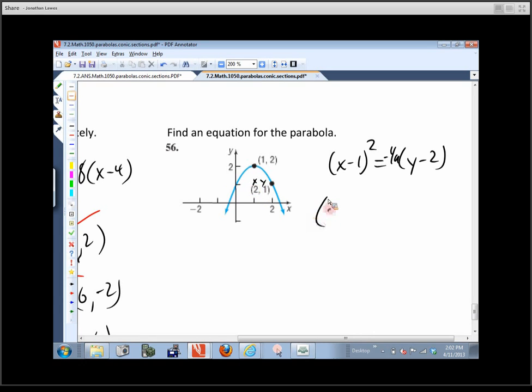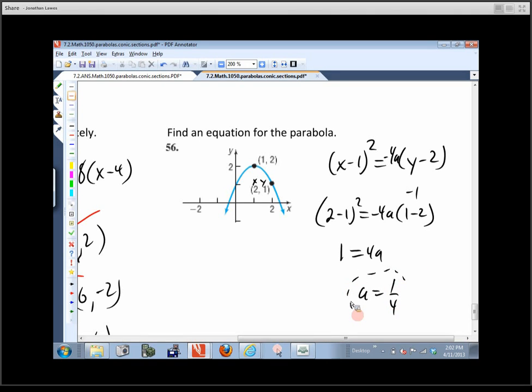So let's go ahead and do that. 2 minus 1 quantity squared minus 4a, and this would be 1 minus 2. Solve that and we'll have what A is. So this is going to be 1. This is going to be negative 1 times negative 4, so this is 4a. So that means A equals 1/4.